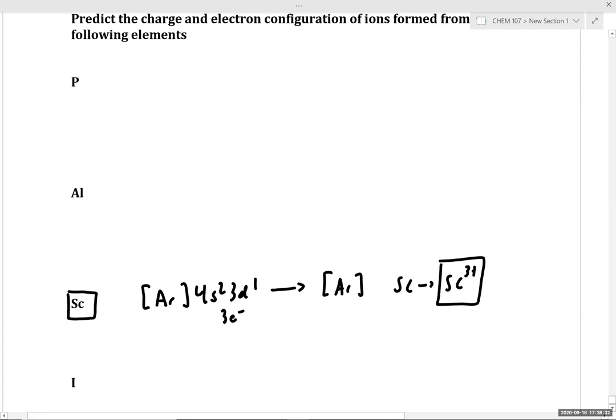Let's try to get a few more responses in the chat, and we'll discuss this example in about another 2 to 3 minutes. And we're seeing a lot of reasonable responses in the chat. Remember that metals prefer to form cations with a positive charge, while non-metals prefer to form anions with a negative charge.